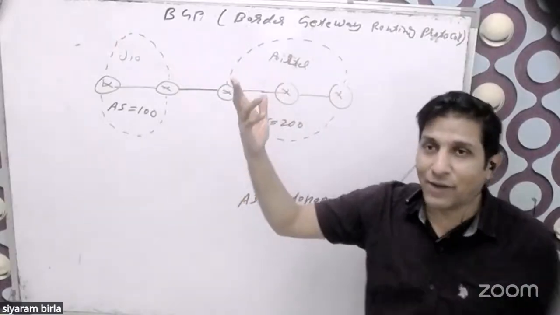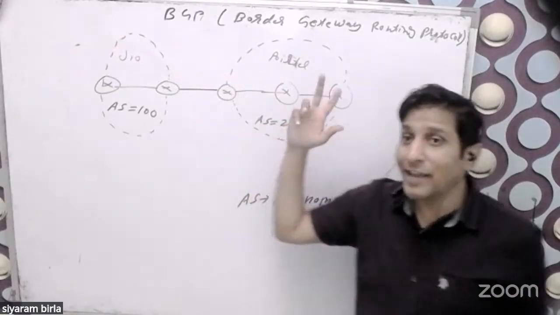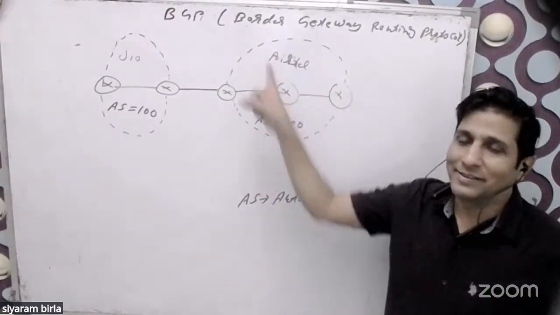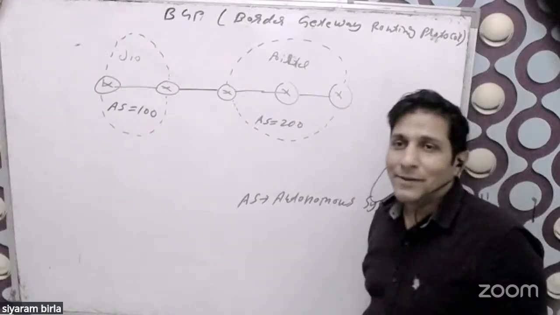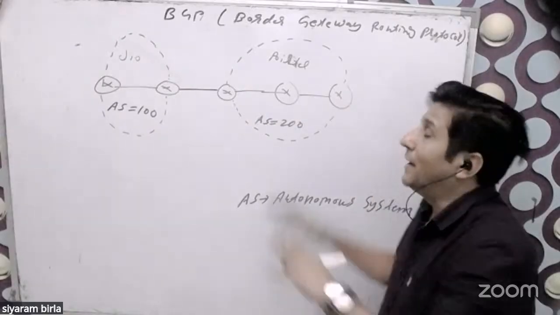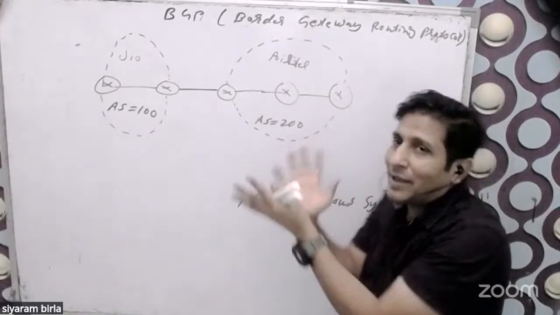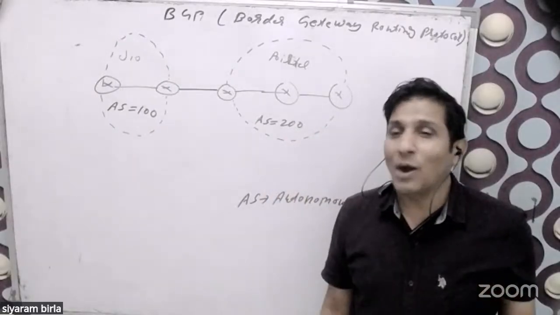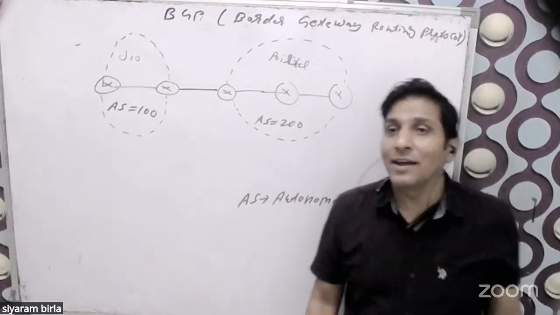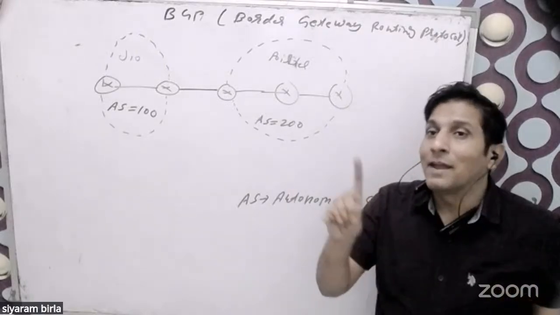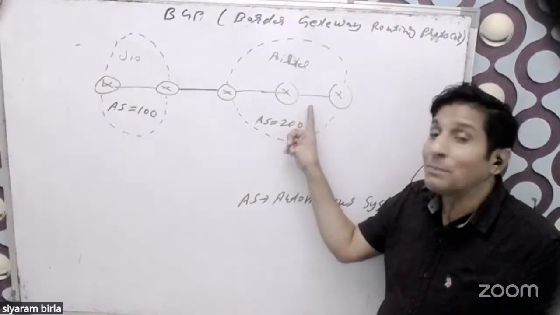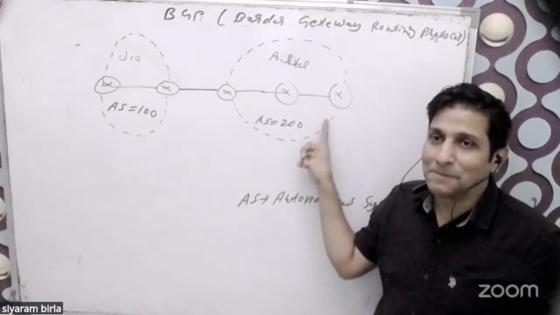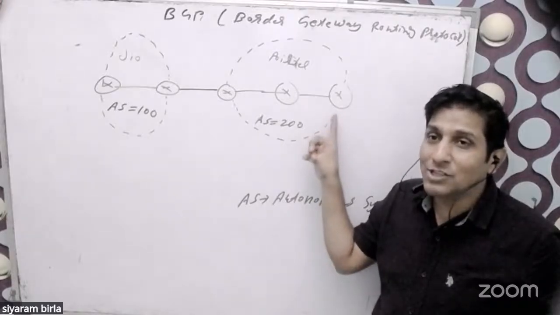So how can we identify them? Using the AS number. The AS number is a logical boundary. It is a logical boundary managed by a single administration. What do we mean by single administration? It means it is managed by Airtel people, Airtel engineers, the Airtel organization.